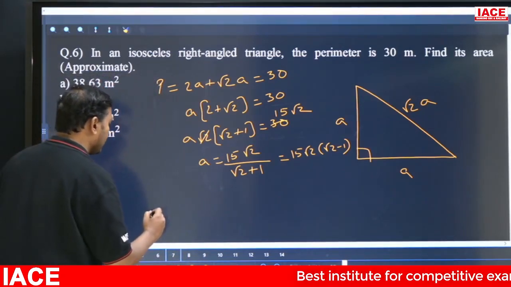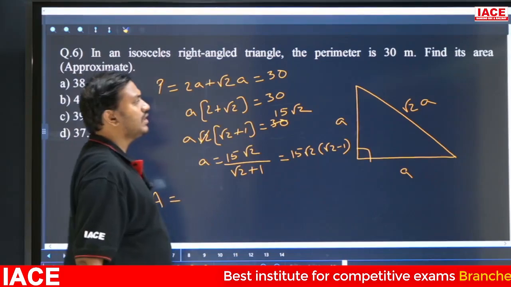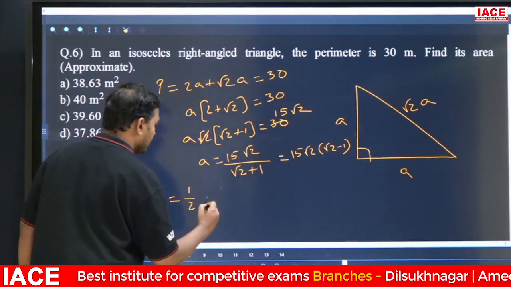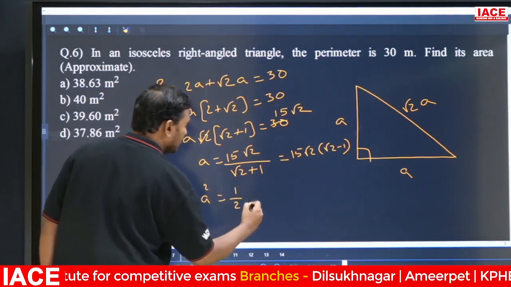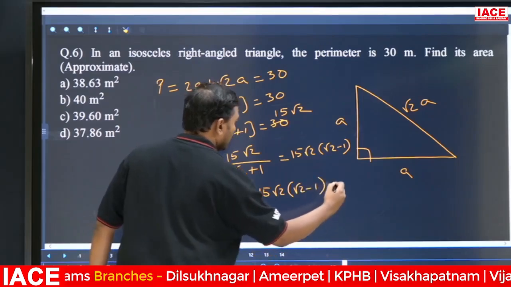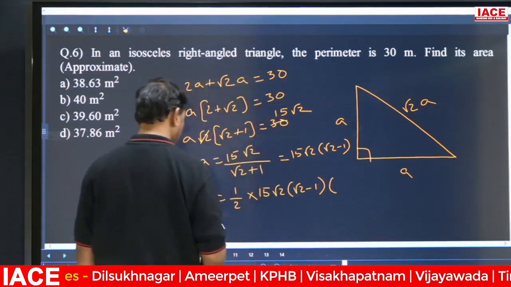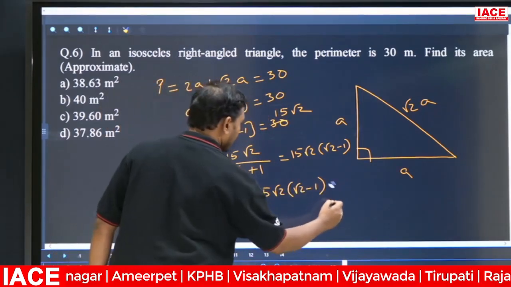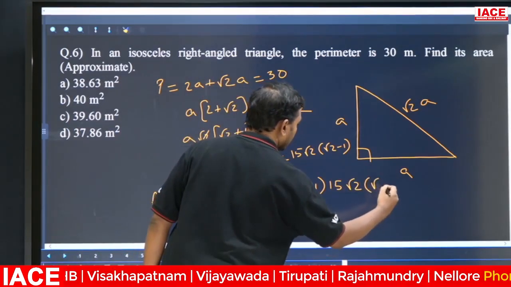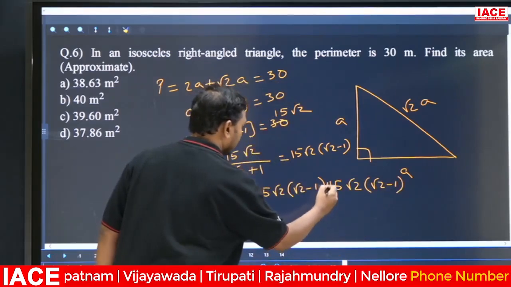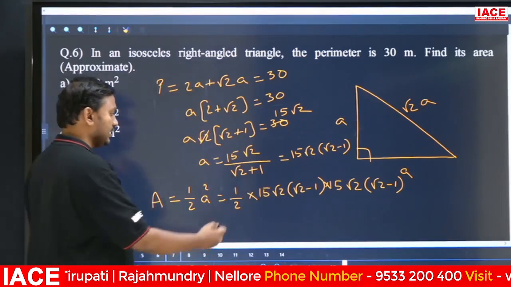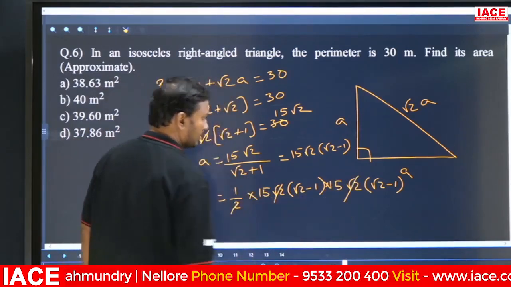Right, now we have to find the area. What is the area of an isosceles right angle triangle? Half a square, right? That is half into 15 root 2 into root 2 minus 1, into 15 root 2 into root 2 minus 1. Just say half a square 2 times. Now what is cancelled? 2 root 2 cancel, 2 cancel.